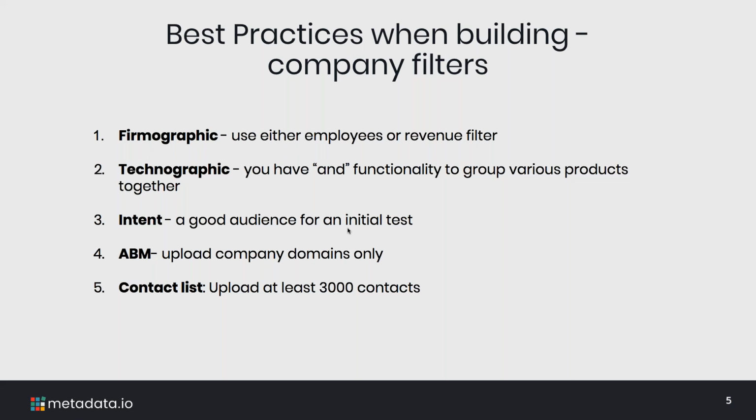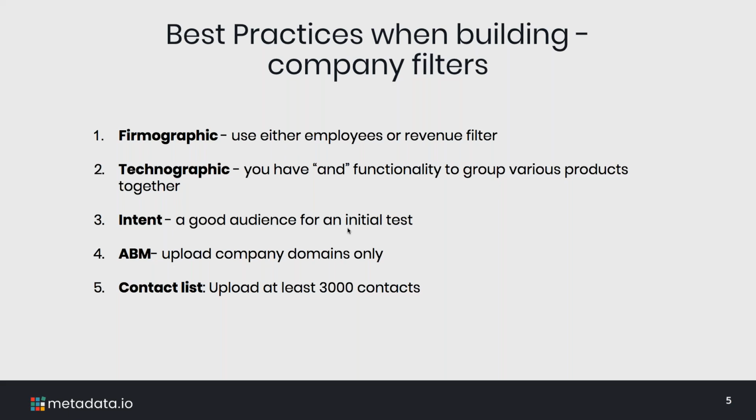So I would use either, or create two different variations of your audiences, one based on revenue, one based on employees, and then you can preview your audiences and see if it makes sense to combine both together or just use one or the other. We'll get into the platform in just a second and also build an audience together.